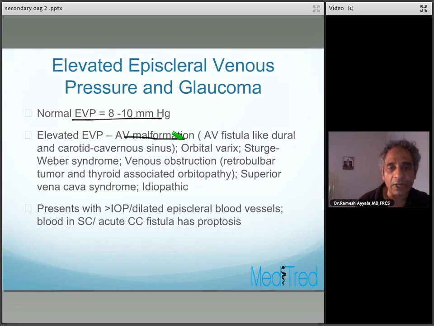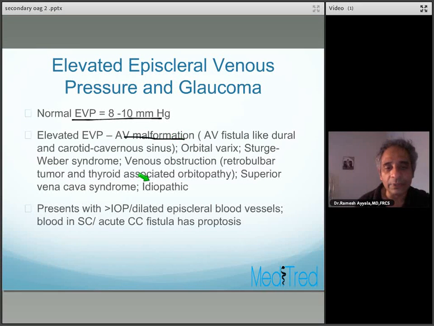So AV malformation, such as a dural carotid-cavernous fistula in the cavernous sinus, orbital varix, Sturge-Weber syndrome, venous obstructions such as in retrobulbar tumor and thyroid-associated orbitopathy, superior vena cava syndrome, and sometimes idiopathic.